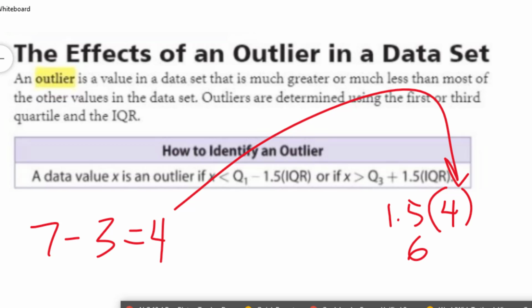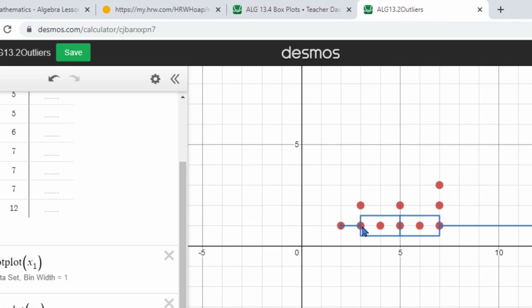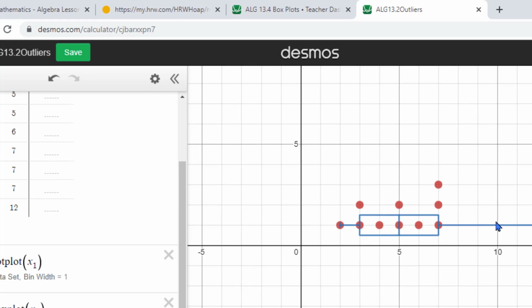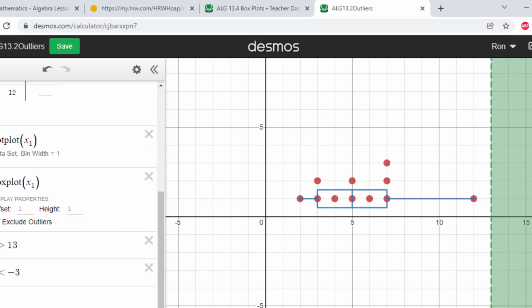So, building on our understanding, if we go back to that graph, if I go 6 units above the third quartile, 1, 2, 3, 4, 5, 6, that's the beginning of any outliers. They'd be over here. Or 6 units below this one. So I happen to have graphed that. If it's over here in this green section, it would be an outlier.